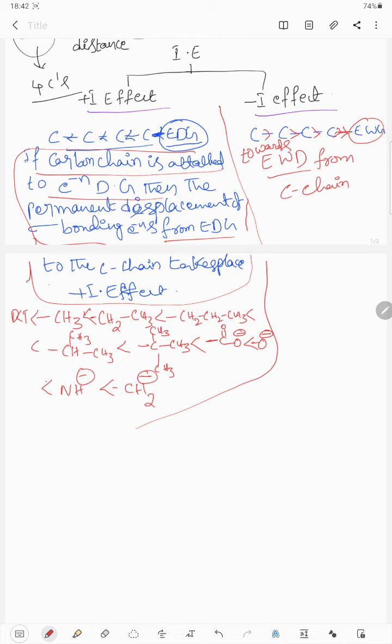Some examples we will discuss now. NF3 plus has high minus I effect.